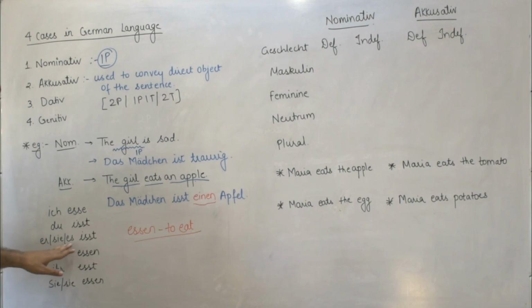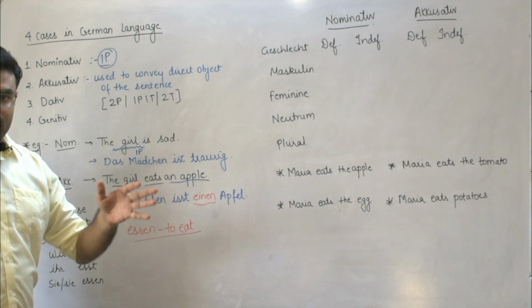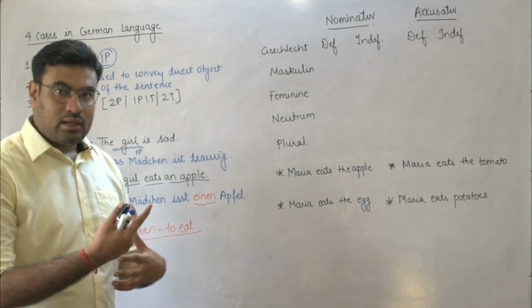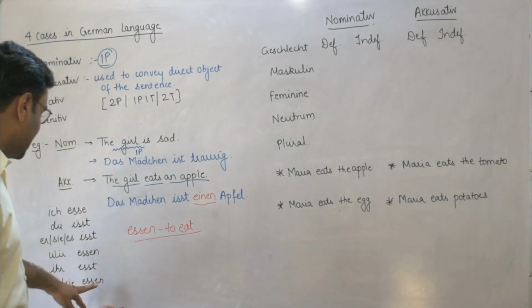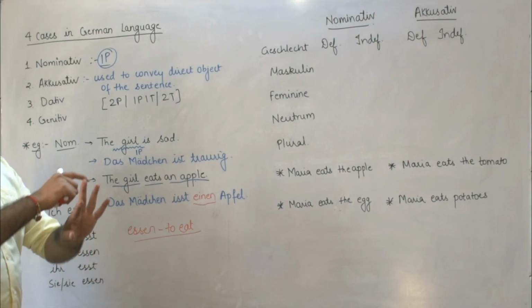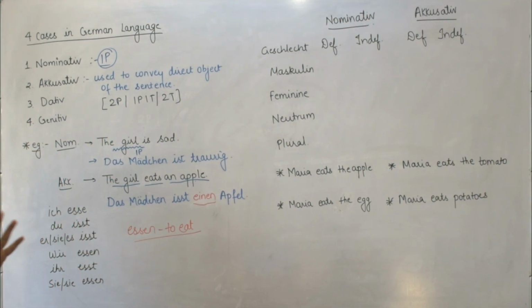Er, sie, es isst is he, she, it. Wir essen, we eat; ihr isst, you all eat, in the informal sense. Sie essen, second person formal, singular or plural. And for third person plural we'll use sie essen, meaning they all eat something. So this is the verb conjugation. The verb is getting conjugated according to the subject.